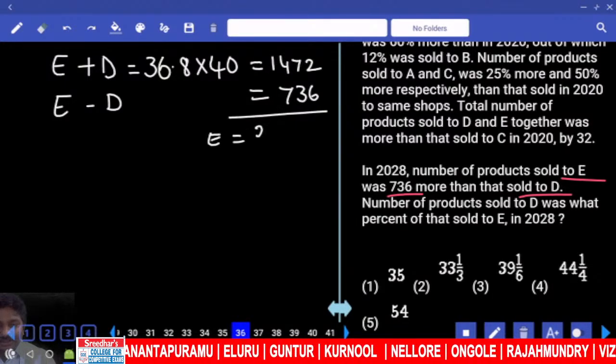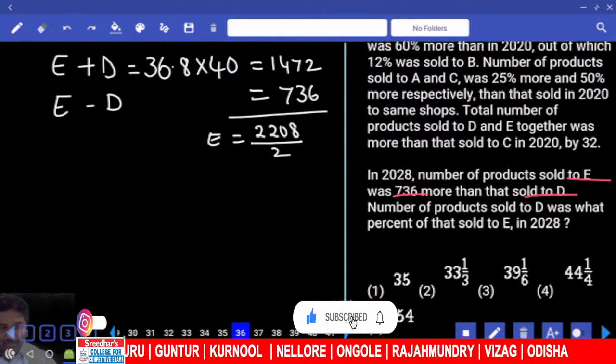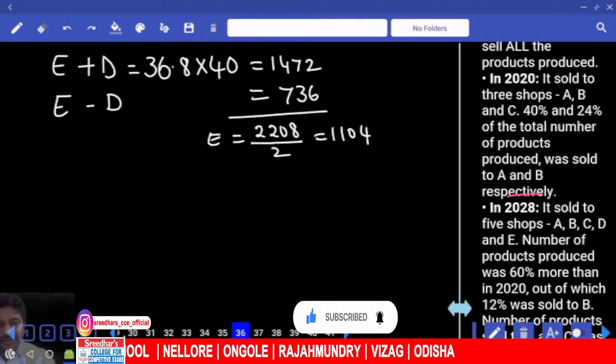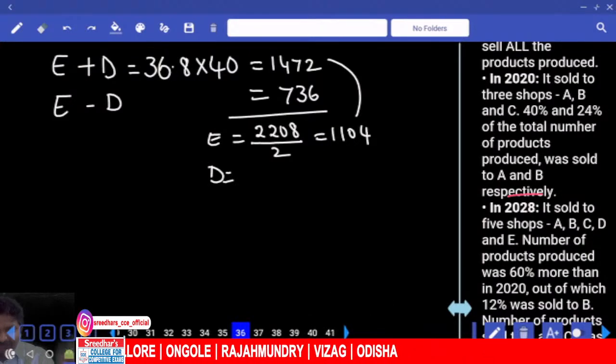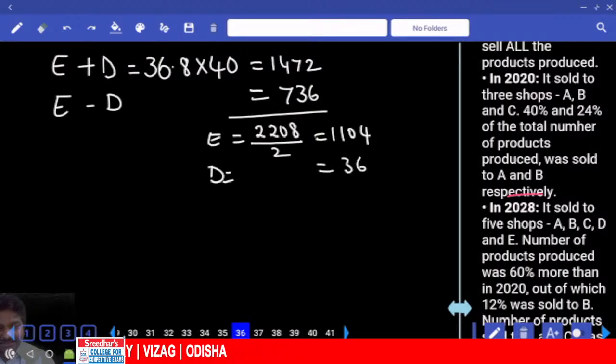So 2208 divided by 2, which is equal to 1104. Then D is equal to difference between both the numbers, which is equal to 368. Our question is D is what percent of E?